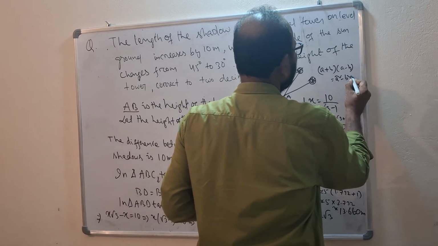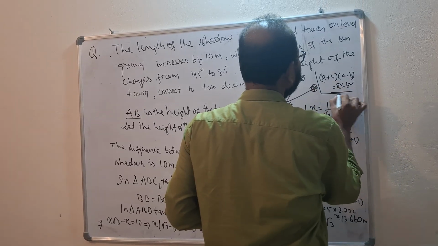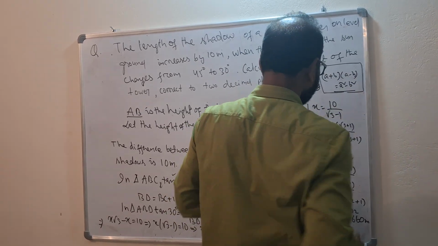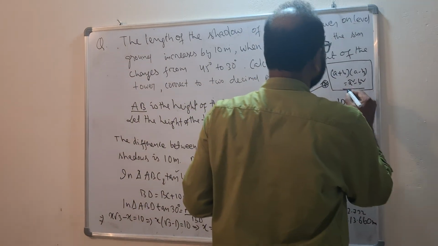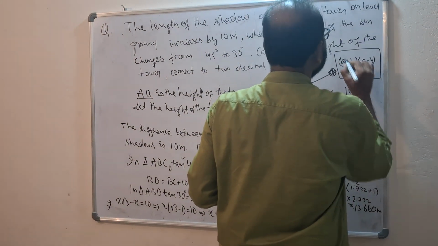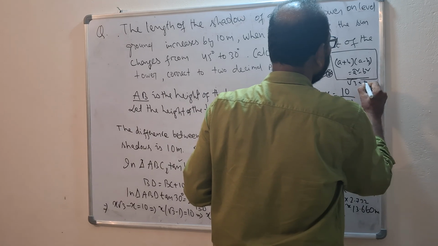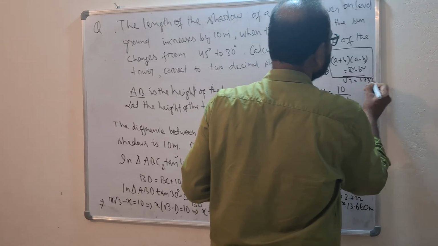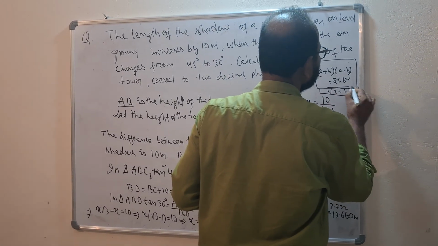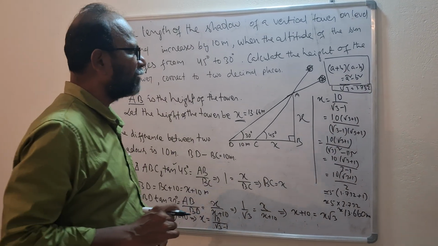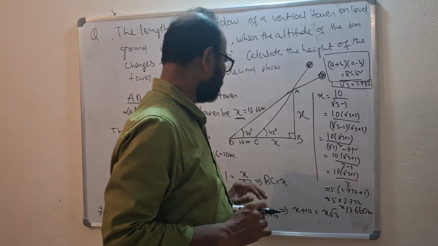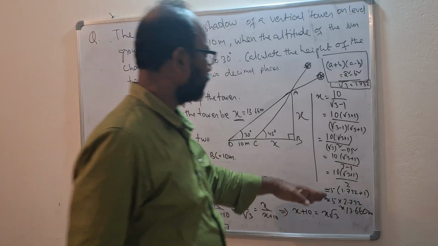Then we have taken root 3 is equal to 1.732. Tan 45 degrees is 1, and tan 30 degrees is equal to 1 by root 3. You have taken these values. So this is the solution we got. This is the answer.